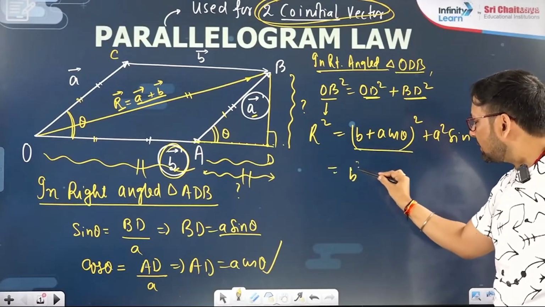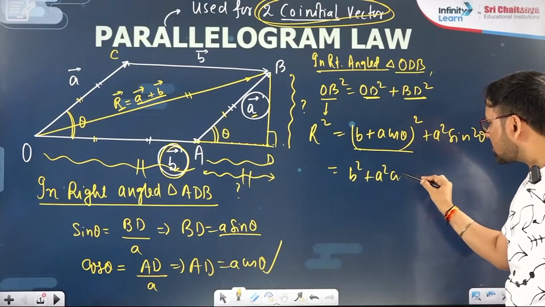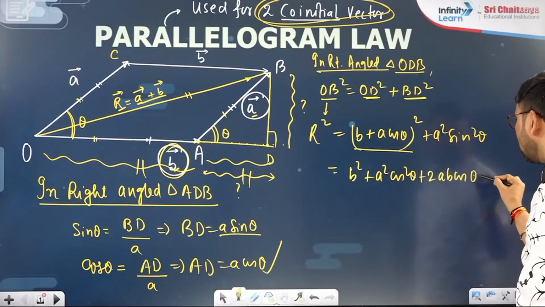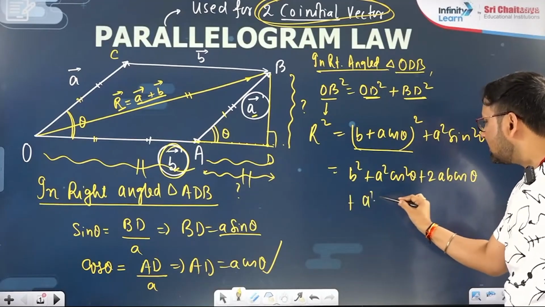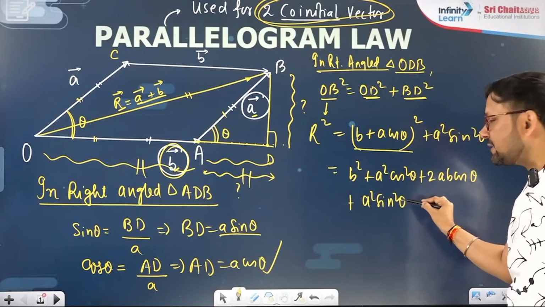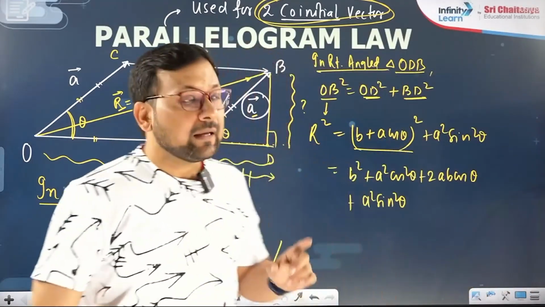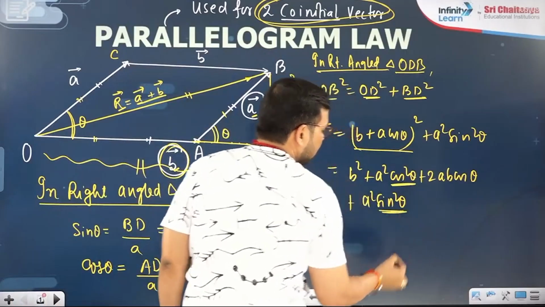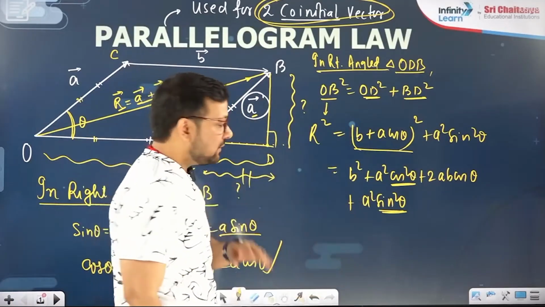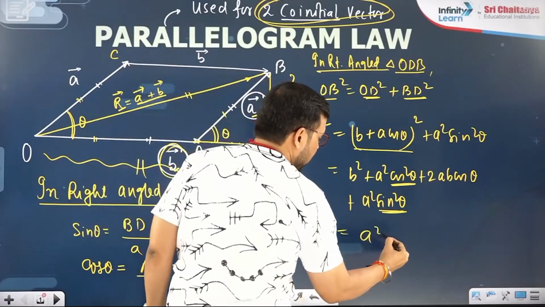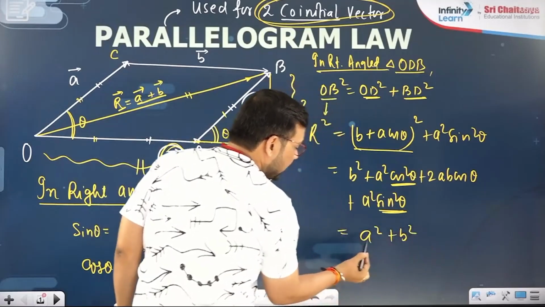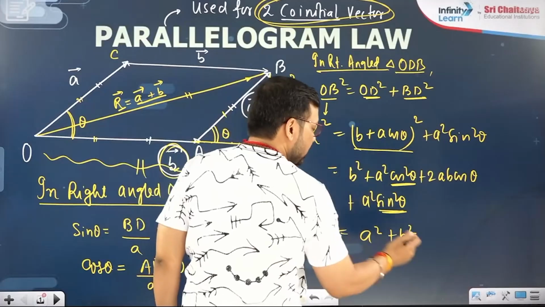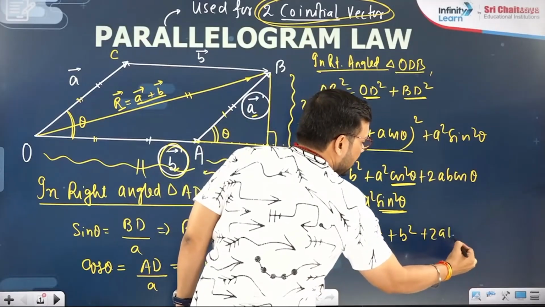B square plus A square cos square theta plus 2AB cos theta plus A square sine square theta. That is the calculation. We all know that cos square theta and sin square theta add to 1. So this will be A square plus B square plus 2AB cos theta.